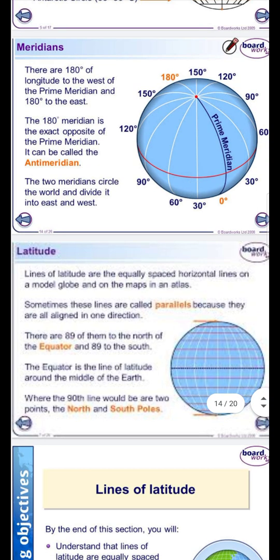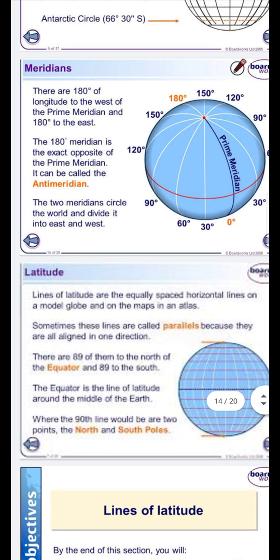Now we see meridians. This is the prime meridian. The dark blue line is known as the prime meridian. There are 180 degrees of longitude to the west of the prime meridian and 180 degrees to the east. The 180 degree meridian is the exact opposite of the prime meridian.